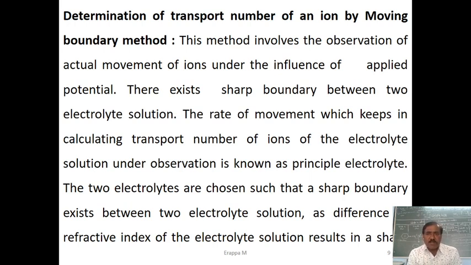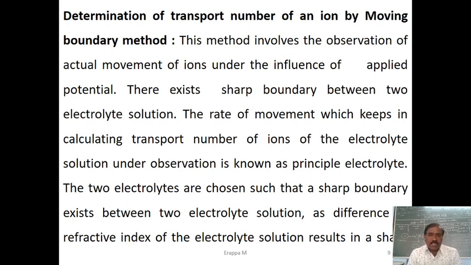There exists a sharp boundary between the two electrolyte solutions. The electrolyte solution under observation, whose transport number is being calculated, is known as the principal electrolyte. Principal electrolyte means the electrolyte whose transport number you have to determine. Here, HCl is the principal electrolyte.